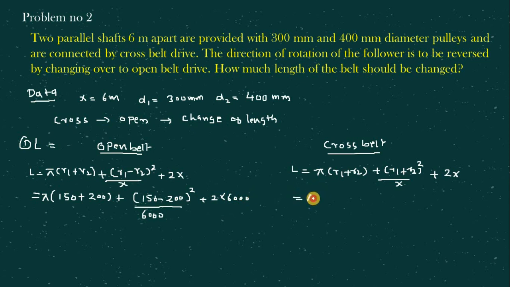Similarly for the cross belt, again it is pi into (150 plus 200) plus (150 plus 200) whole square by 6000 plus 2 into 6000 mm, because I am putting it in terms of mm.